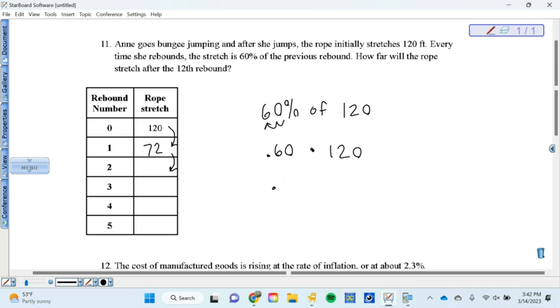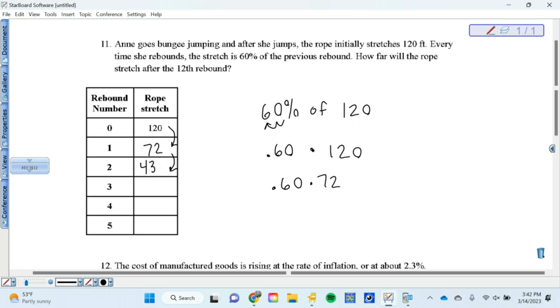Do the same thing, right? 0.60 times 72, which gives us, what is it? What is it though? 0.6 times 72.